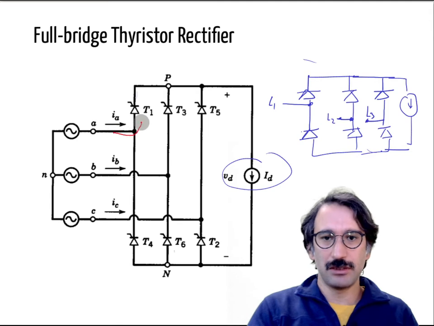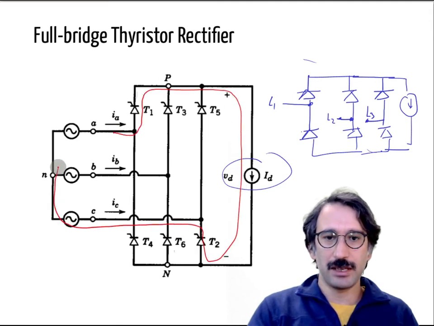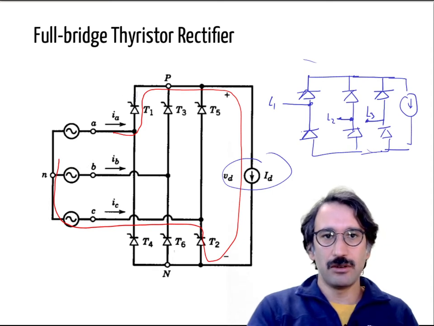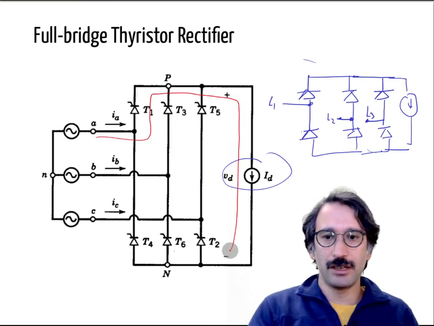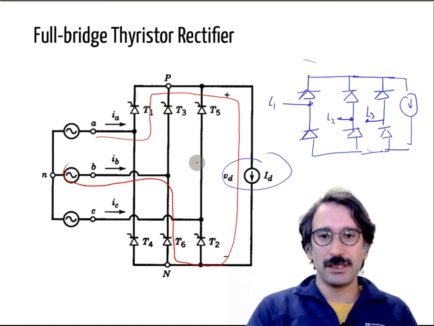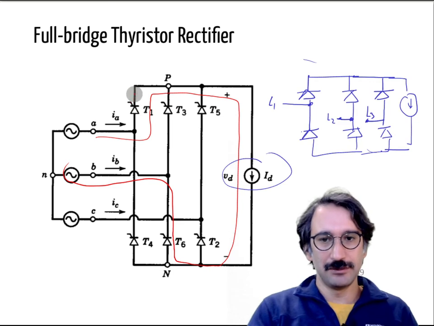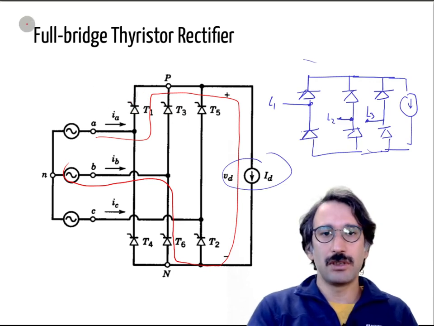For example, at first it was coming from here, then coming back from phase C, or in other instances it can come from here and go back from phase B. You can have 3 possibilities at the top, 3 possibilities at the bottom, so there are 6 different switching modes for that converter.